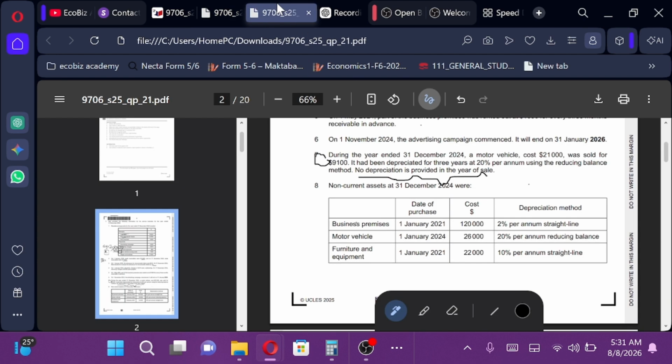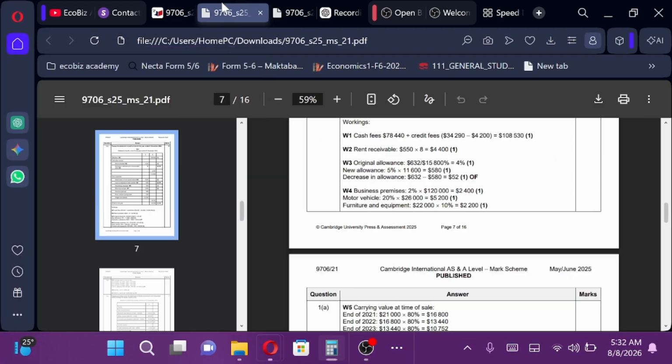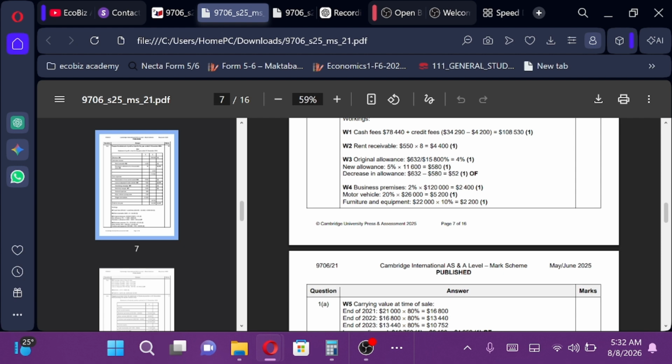Yes, so it's very simple actually. Since we've already done that complicated calculation about the motor vehicle account, now we just do it simply. We take 120,000, multiply by 2% to get 2,400, which is this amount here.